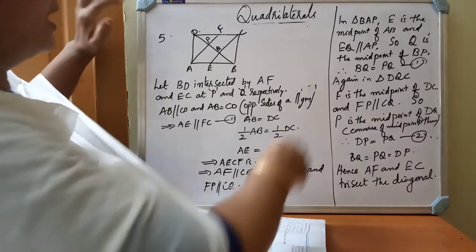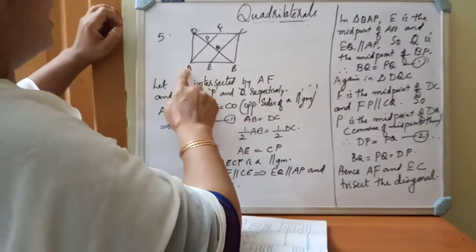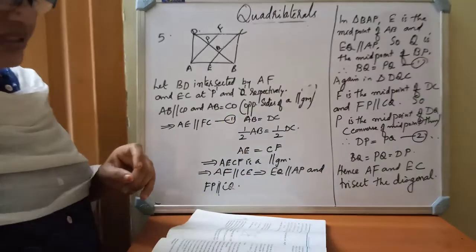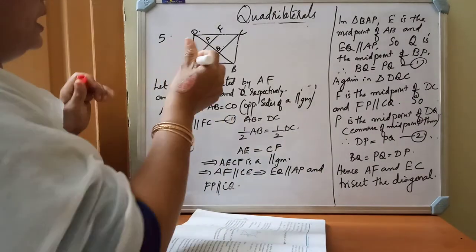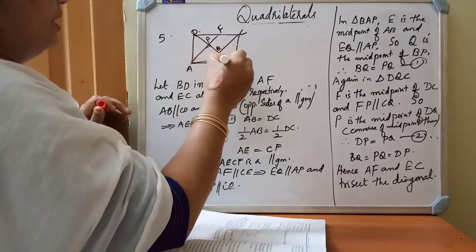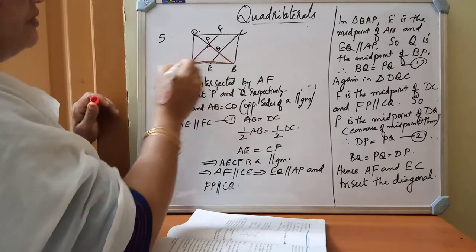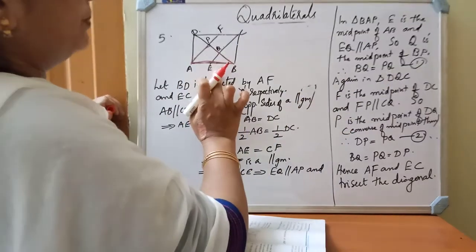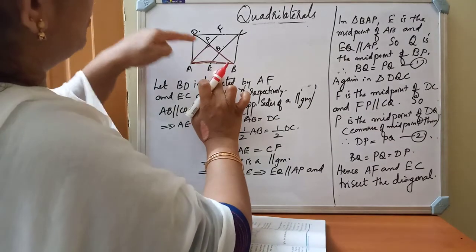For that, we are considering triangle BAP. In this triangle, E is the midpoint of AB, and EQ is parallel to AP.